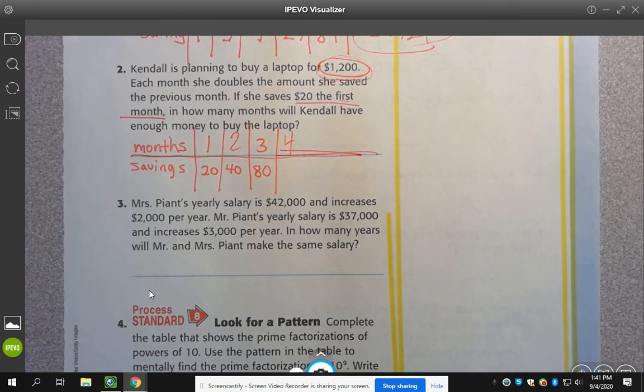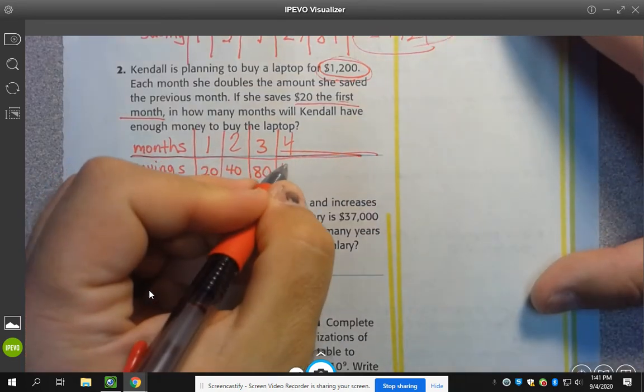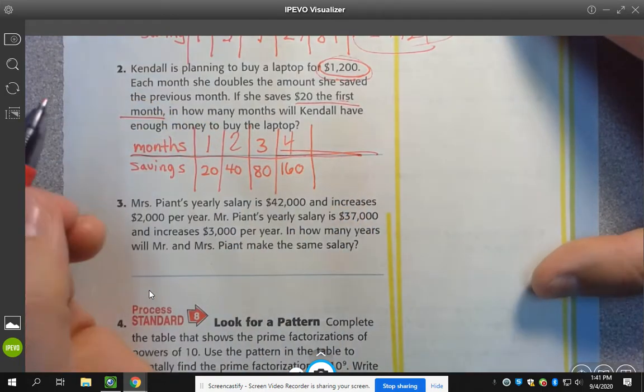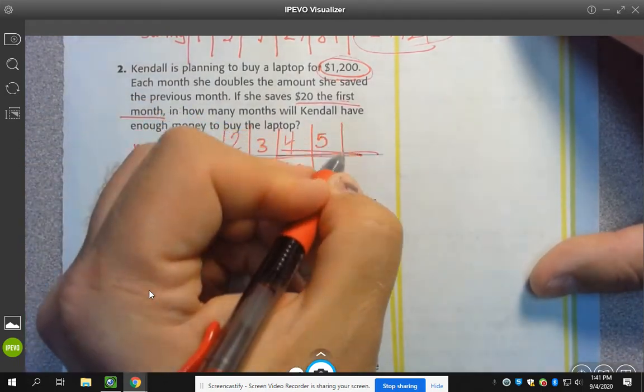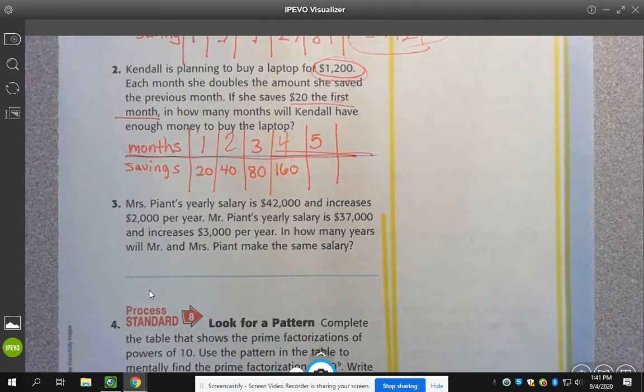Emma? You're in there, 3 digits at least. Emmeline? No. Doubling 80 bucks. Ethan? Yeah, 160. All right, let's do week 5. Let's double 160. Can anybody double 160? Again, all you gotta do is take 16 and double it and add a 0 to it.